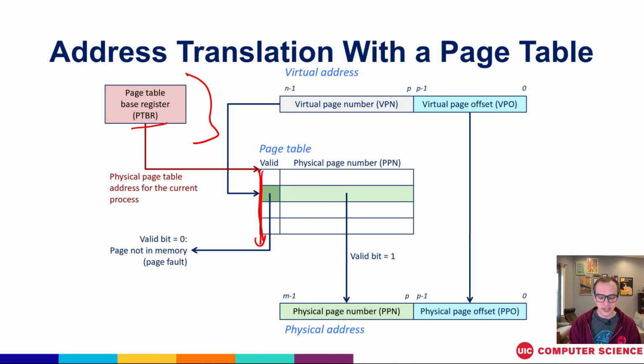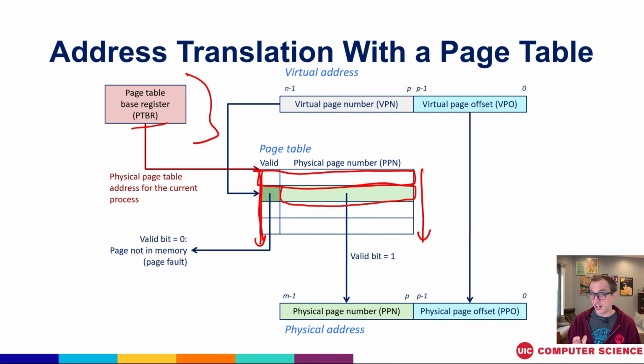Every single entry in this array is of fixed size. And so the very first entry in the page table is going to go to the very first virtual page. The second entry in this page table is going to be the second virtual page of the memory layout of that process. And every single virtual page is going to get an individual page table entry at this point in time.